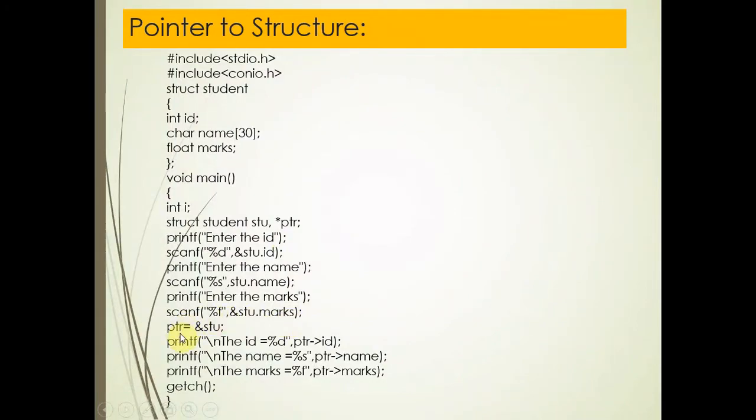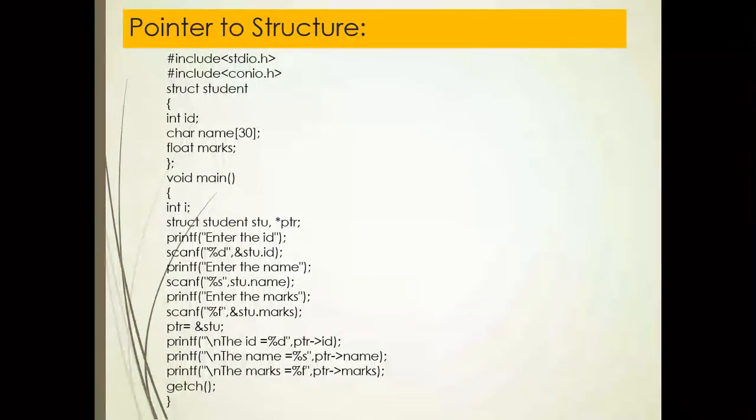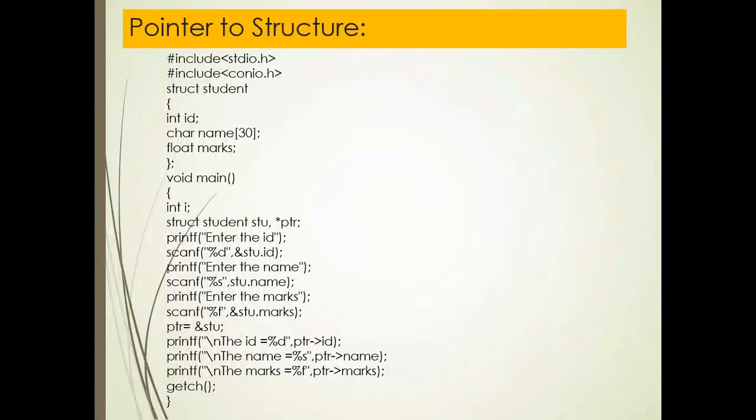And this statement is ptr = &stu. Once this declaration is made, we can assign the address of the structure variable stu to the structure pointer ptr with the statement ptr = &stu.